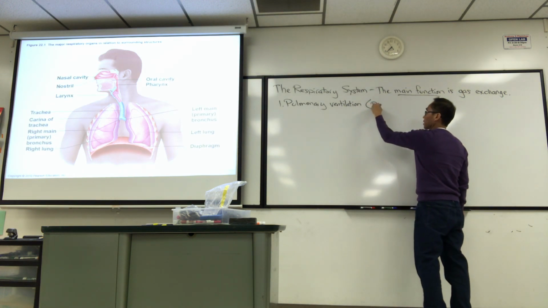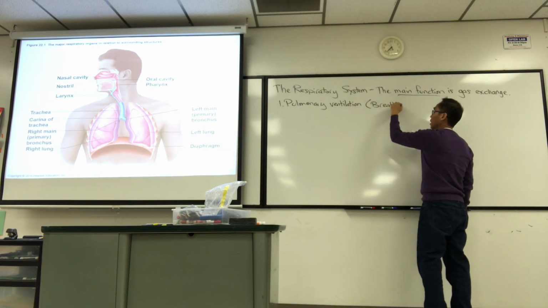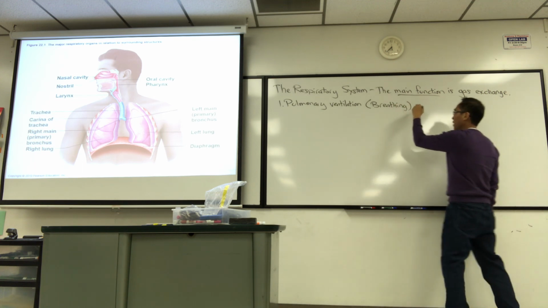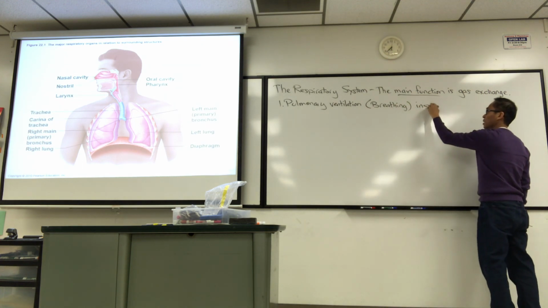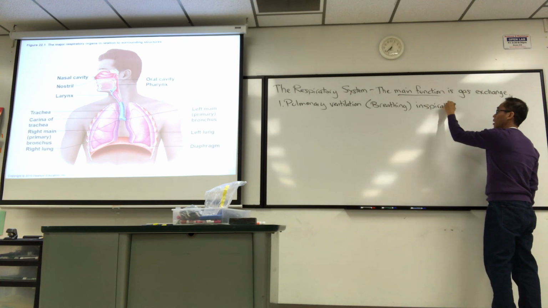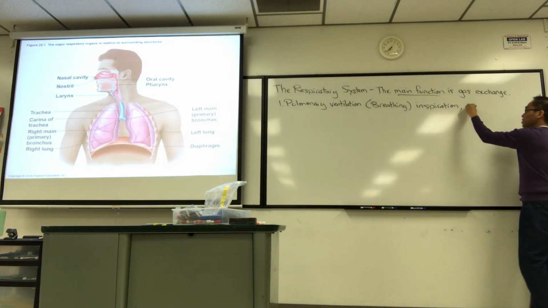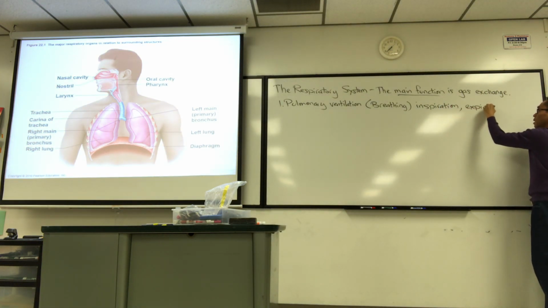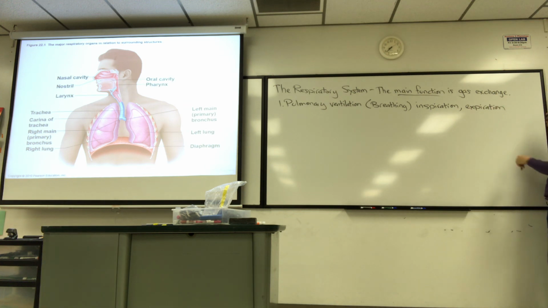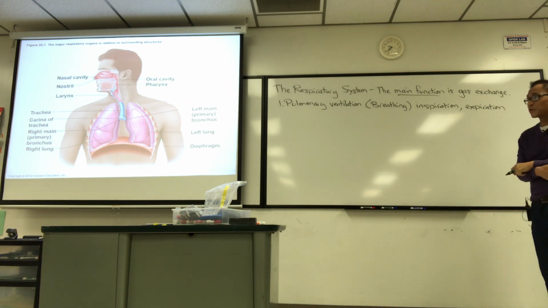Ventilation is breathing. And you take a breath in, that's inspiration. You take a breath out, that's expiration. So to understand that, you have to kind of look at the anatomy. You can see the lungs, but then they show the chest wall.